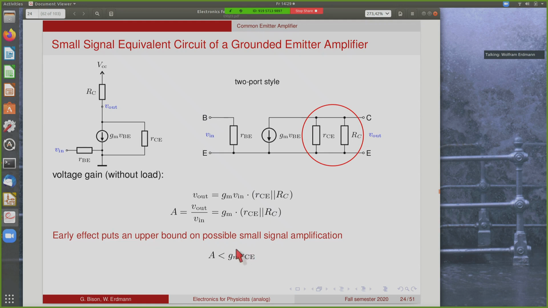So this is like an upper limit. Of course, this is a large value anyway. It just means that you would not operate this amplifier with resistors that are much larger than several kilo ohms. So if you want to get to extremely high gain, at some point you'll be limited by RCE.